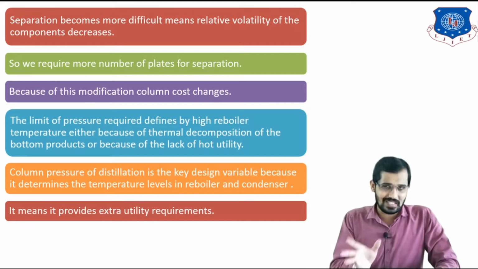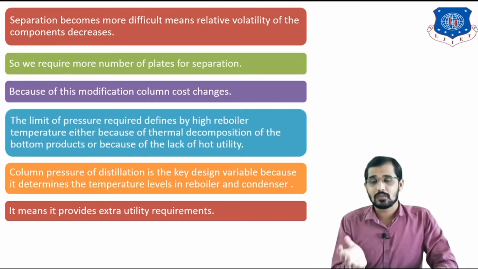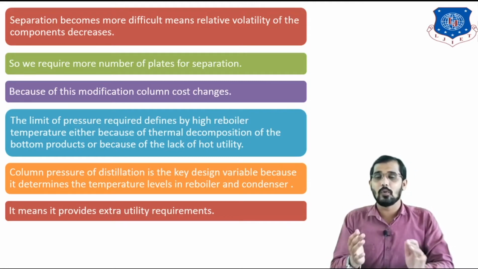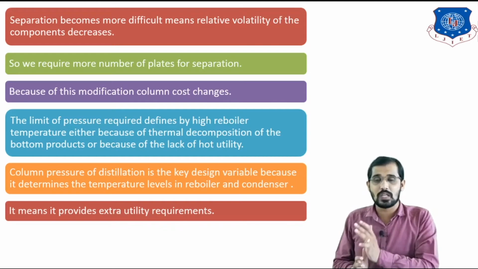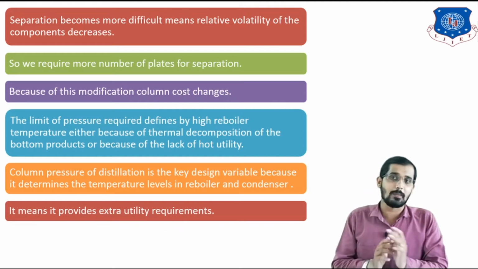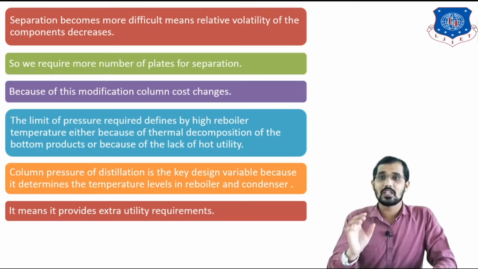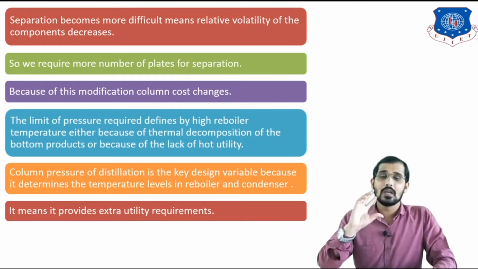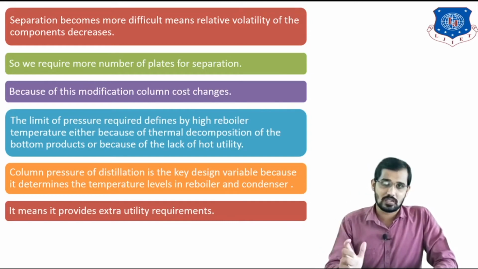To avoid this, we can operate our distillation column under vacuum, below 1 atmospheric pressure, around 30 mmHg to 50 mmHg. So by using this operating pressure, that is the impact of operating pressure on distillation column, we can operate various liquid mixtures in a distillation column in various operating conditions.